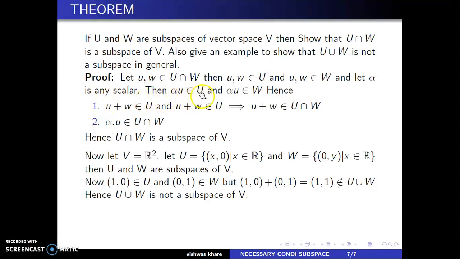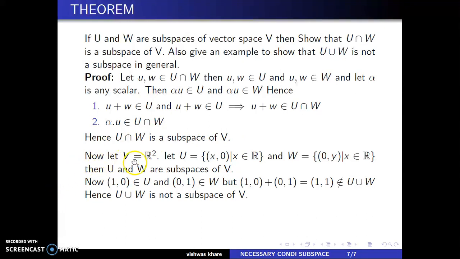Then alpha into u belongs to U and alpha into u belongs to W. Hence, u plus w belongs to U and u plus w belongs to W, which implies u plus w belongs to U intersection W, and alpha into u belongs to U intersection W. Hence, U intersection W is a subspace of V.